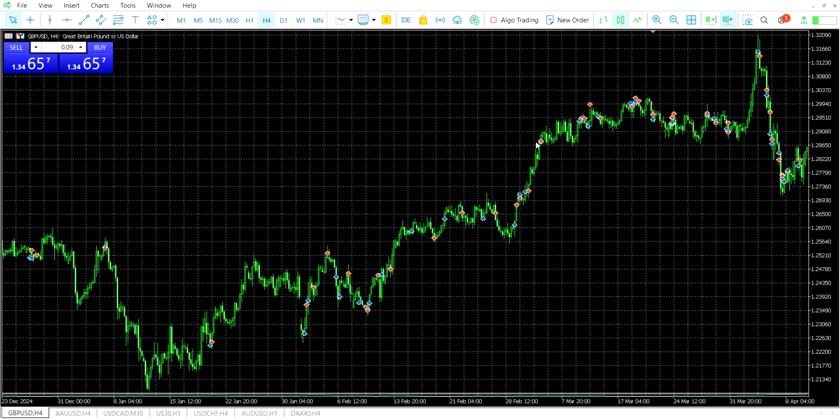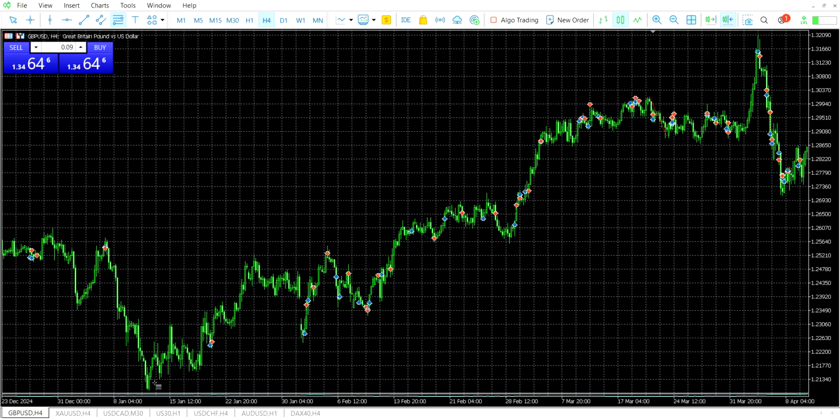And what is most important is that the Fibonacci retracement levels have two very important features. What does that mean? Let's say that this is our trend. It started from here.